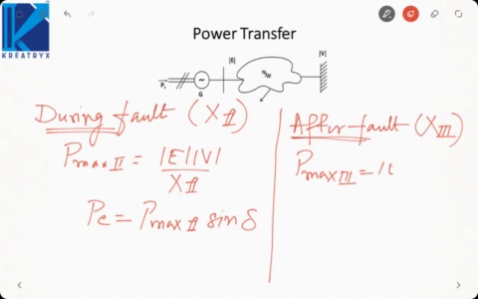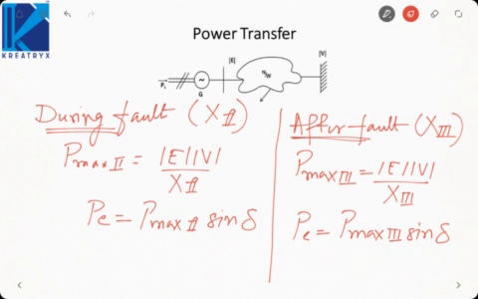It will be mod E mod V by X3, and power will be P max 3 sine delta. Okay. So these are the three cases which we will consider when we will be studying transient stability analysis: before the fault, during the fault, and after the fault.